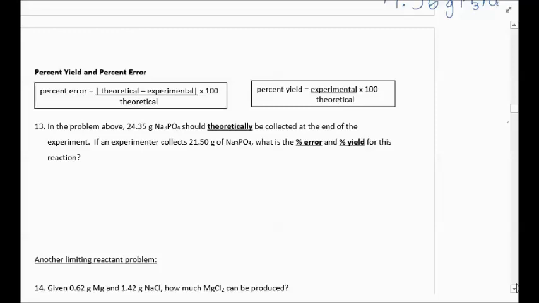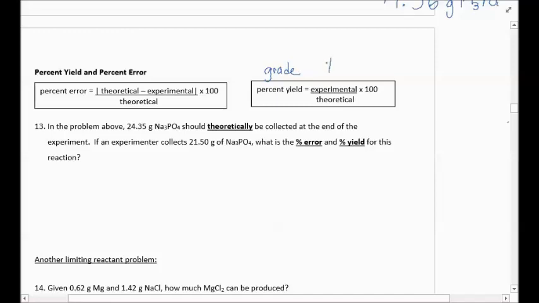it kind of gives us some of the things that we just discussed. So in the problem above, 24.35 grams of sodium phosphate should theoretically be collected at the end of the experiment. So if an experimenter collected 21.50 grams of sodium phosphate, what is the percent error and percent yield? So you want to think of percent yield as like a grade.